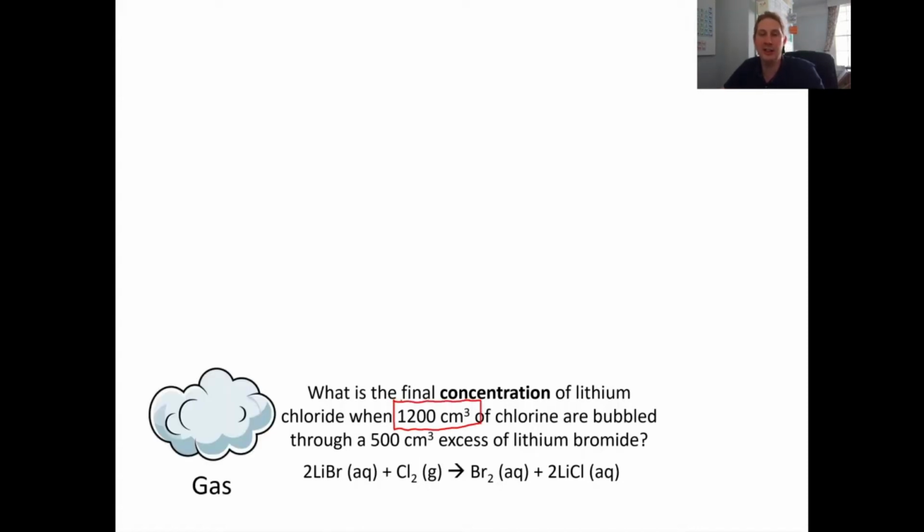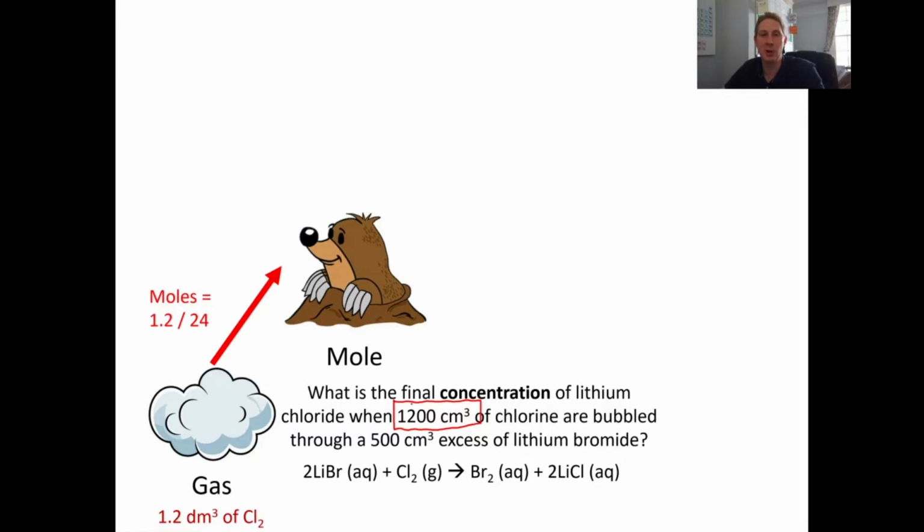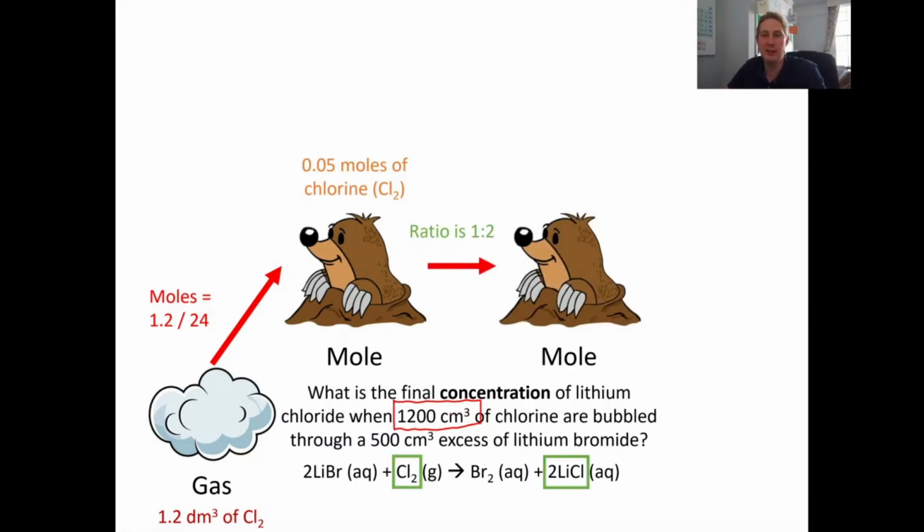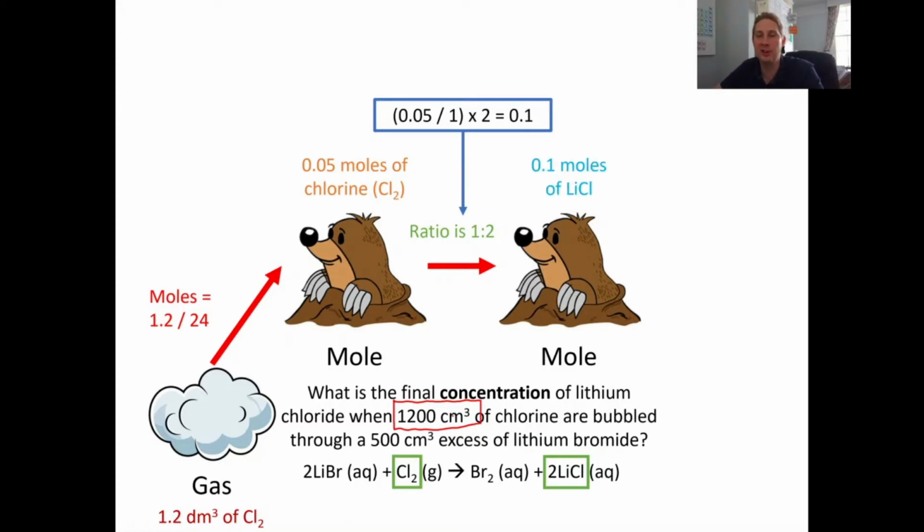The only thing we can initially find the number of moles of is that we've got 1.2 dm³ of chlorine. The number of moles, 1.2 divided by 24, 0.05 moles of chlorine gas. Looking at the ratio from the equation, it's a 1:2 ratio, so we're going to make 0.1 moles of lithium chloride. Okay, so what is the concentration?